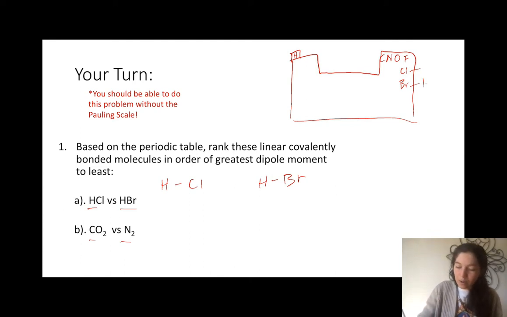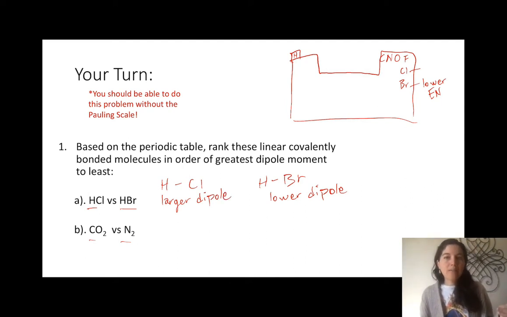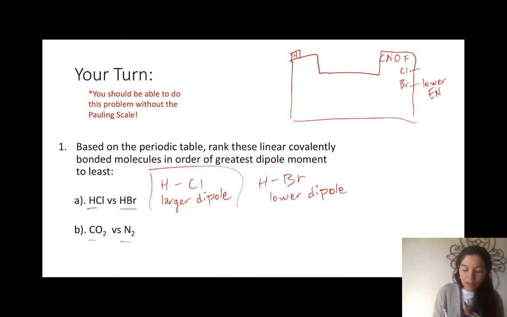So this is lower EN, meaning that this is going to have a smaller dipole, and this will have a larger dipole, because the chlorine has a higher electronegativity. Hydrogen's electronegativity is obviously not changing in this compound. It remains the same. So your answer for this one would be HCl.